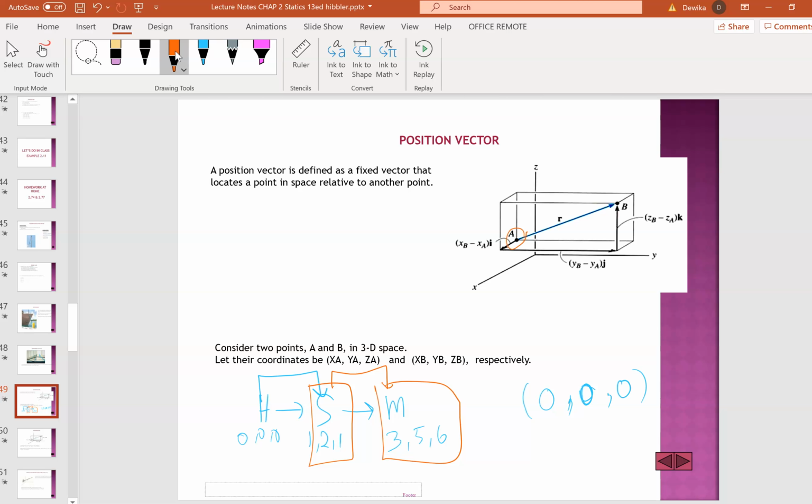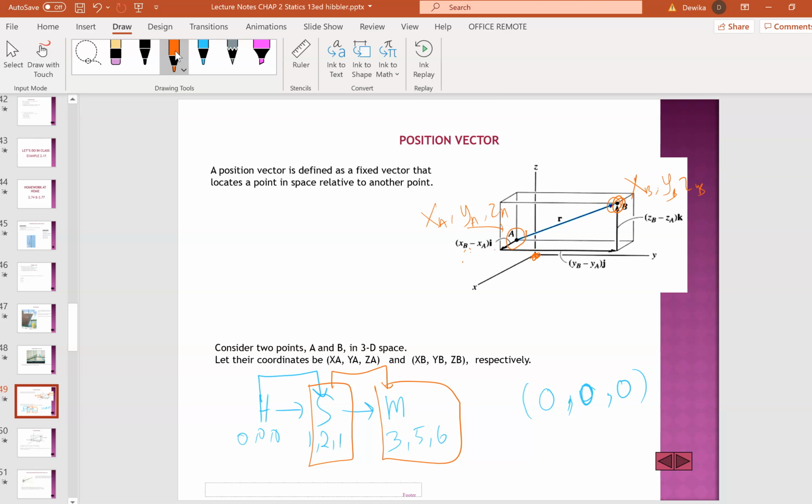Look at this A. A is in mid-air somewhere, not at 0 0 0, and then we have coordinate B. A has its own coordinate x A, y A and z A, whereas B has its own x B, y B and z B. So both of them have their own coordinates.